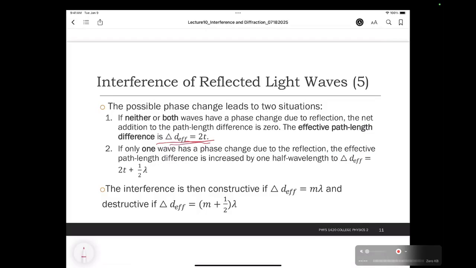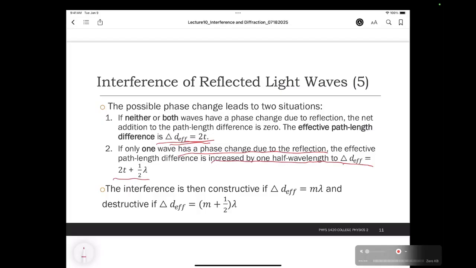Does it make sense to you? If only one wave has a phase change due to reflection, the effective path length difference is increased by half a wavelength, so the path difference changes to 2T plus 1/2 lambda. So the possible phase changes lead to two situations.